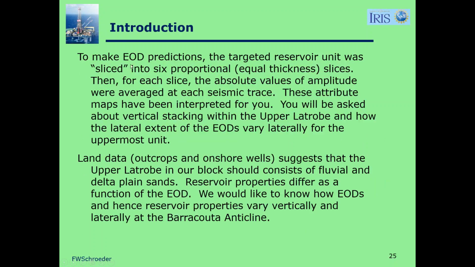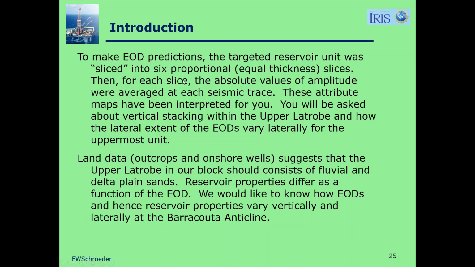So in the exercise, you're going to make an environment of deposition predictions using our targeted interval that we have subdivided or cut or sliced into 6 proportional slabs. And I'll show you an example on the next slide. Each of these slabs will have an equal thickness.